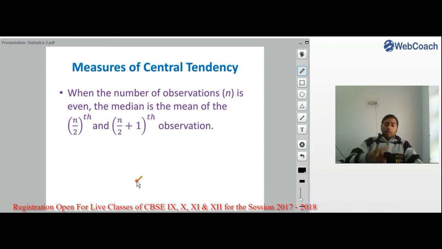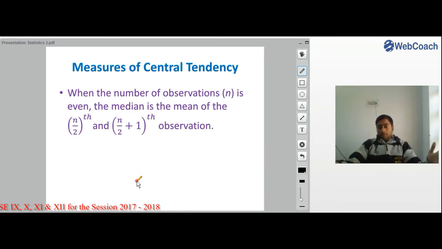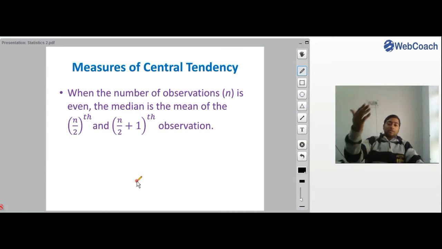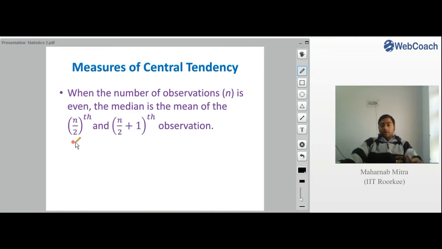So when we try to write it as a formula, when the number of observations n is even, we have two central values, and the median is nothing but the mean of the two central values. And how to get the central values?